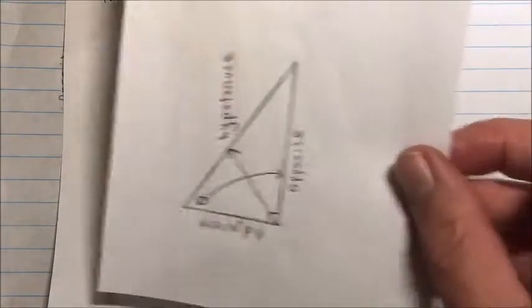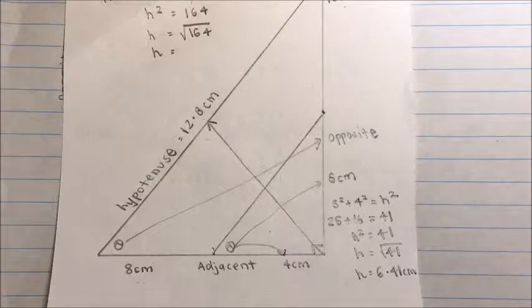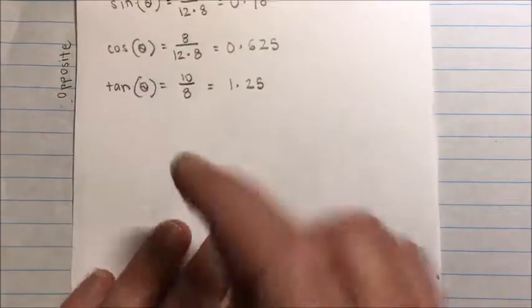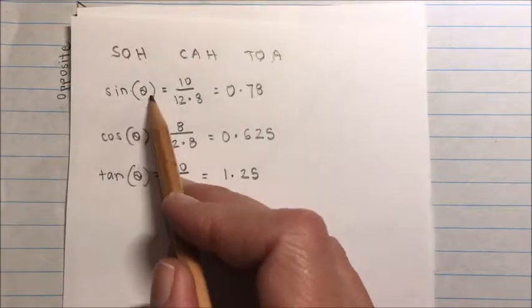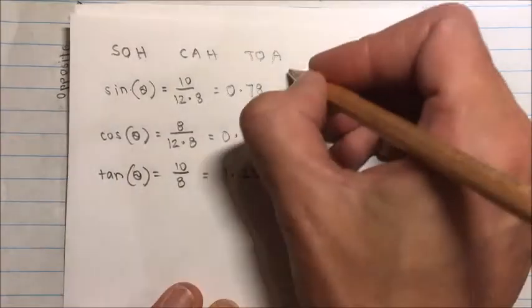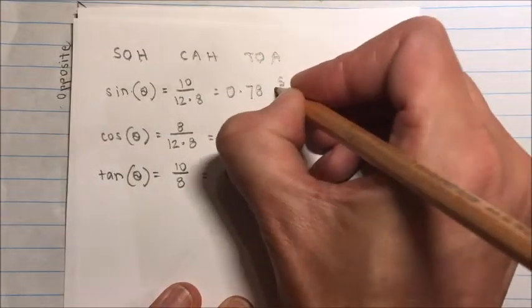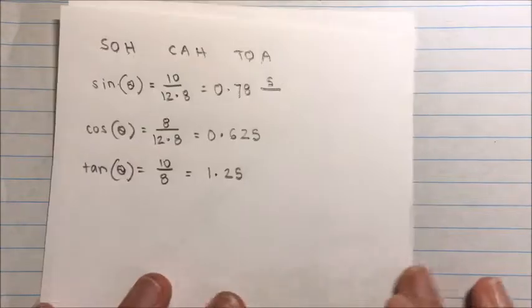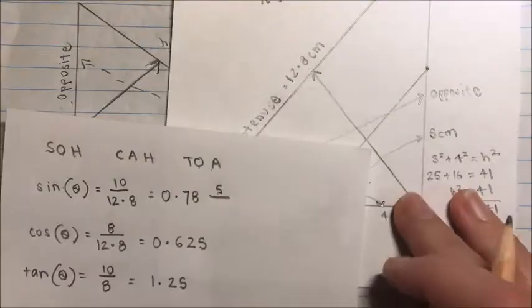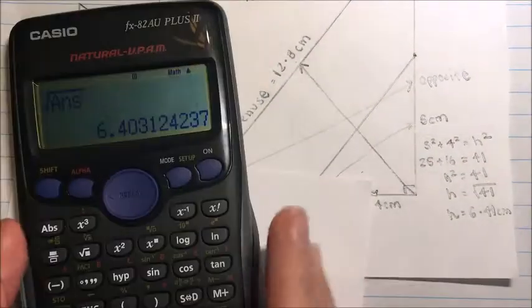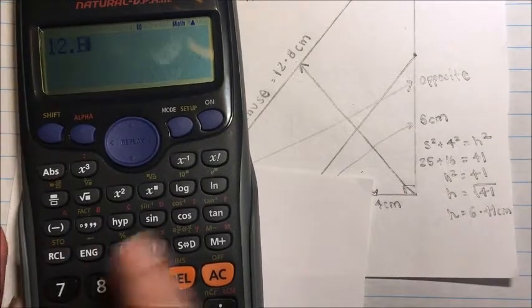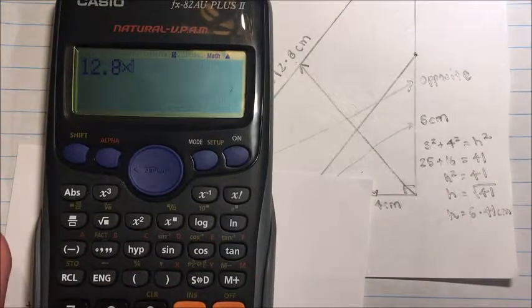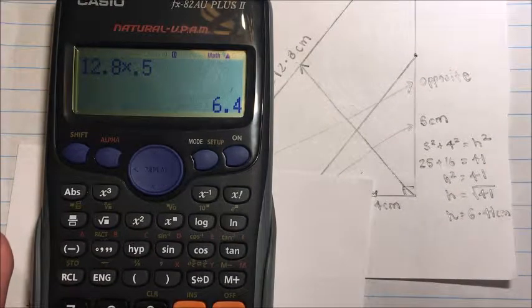Let's have a look at the nature of the relationship. Again, the side of my reference angle, this time it's going to be 5 over, and let's just check how good was my scale. 12.8 times 0.5 is 6.4. Pretty terrific.